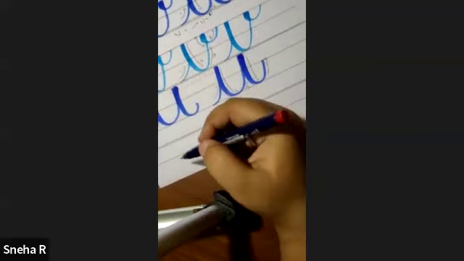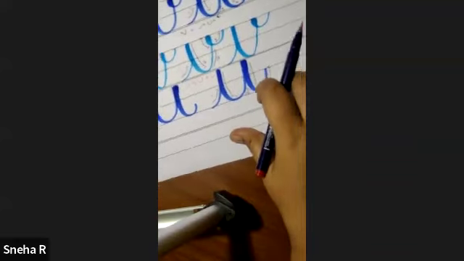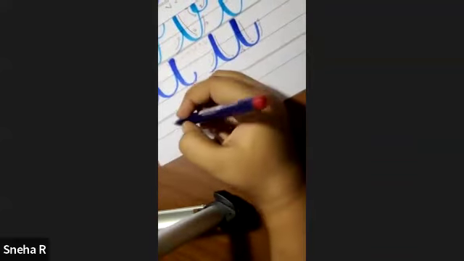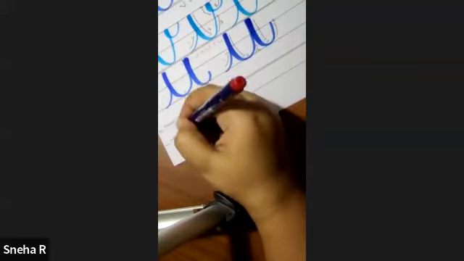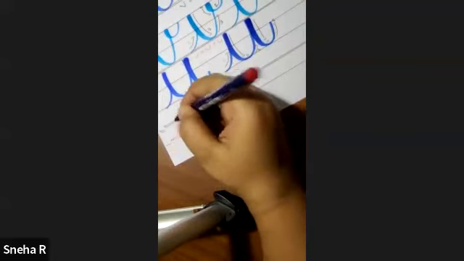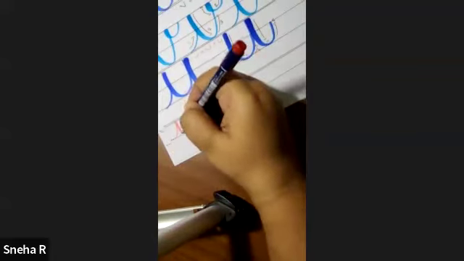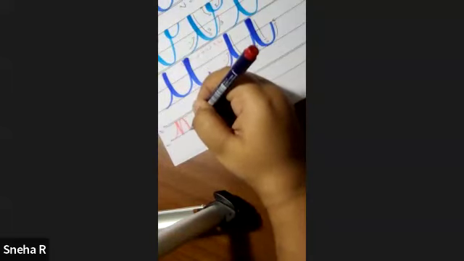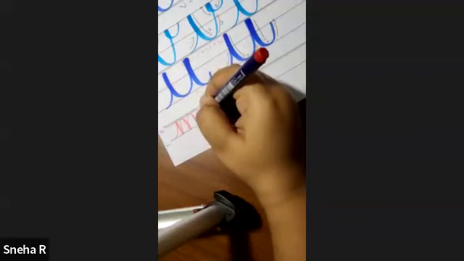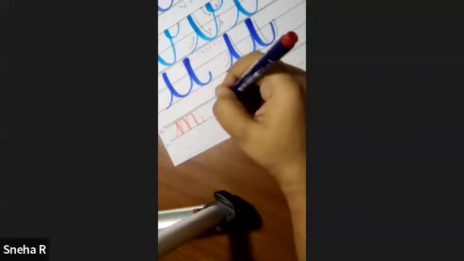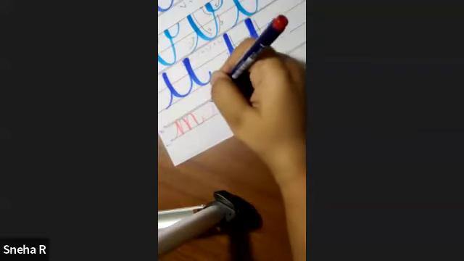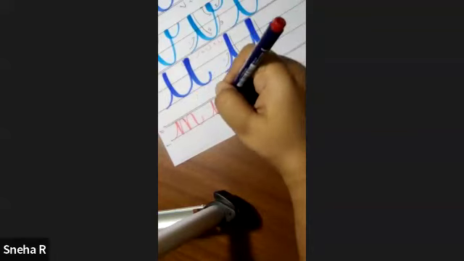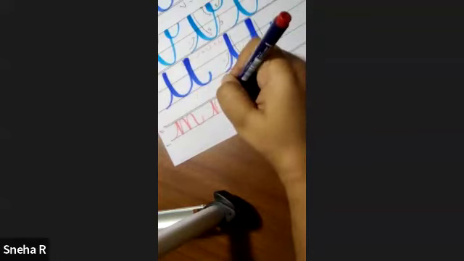I'll use that to put everything in a single line. Starting with M: entry stroke, downstroke, overturn, compound curve. Next is N: entry stroke, downstroke, compound curve.